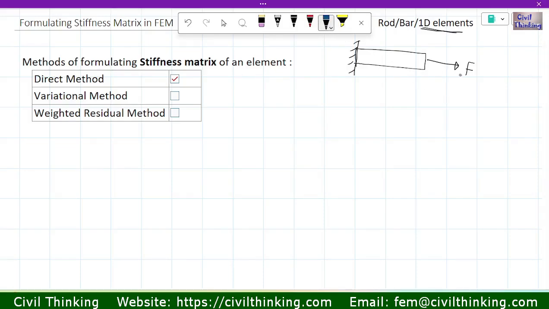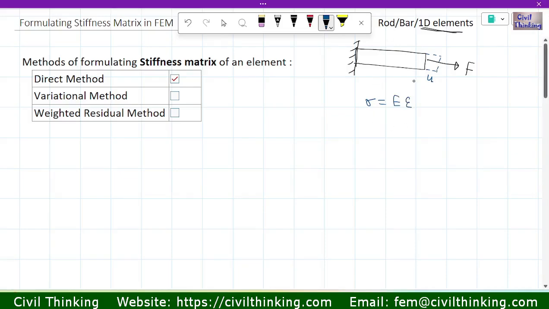Now because of this force F, this bar will deform and it will elongate, right? Let us say for example the deflection is U. Now from Hooke's law we can say stress is E times strain.